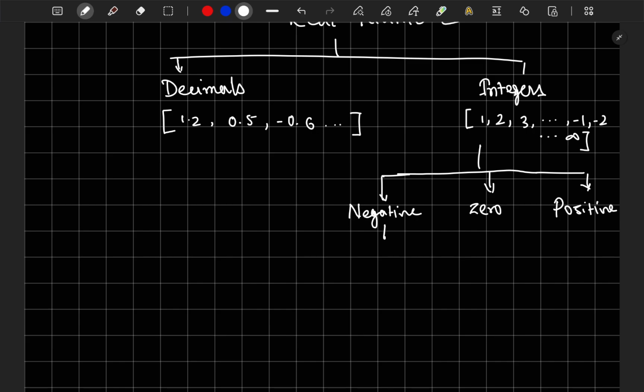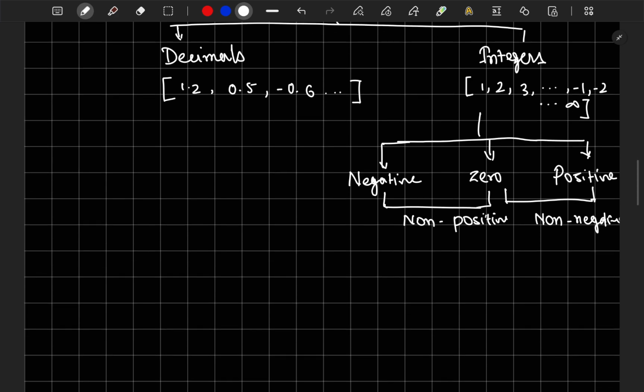Negative integers and zero together we call non-positive integers. And similarly, zero and positive integers together we call non-negative integers.